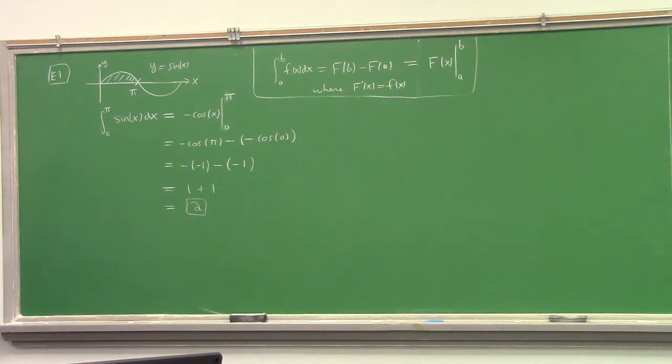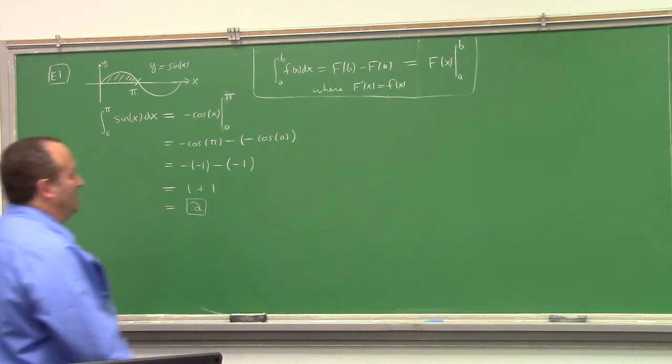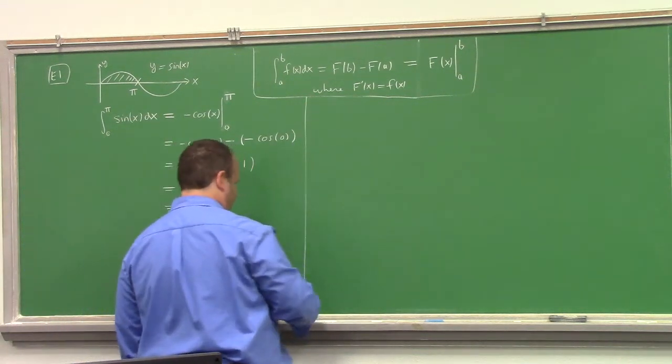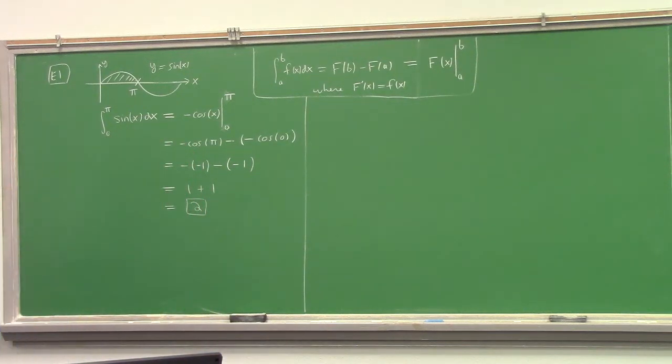Is that hard? This is not hard, right? Well, okay, you mean the knowing cosine of pi is minus 1? Well, you guys do get calculators, you're allowed to bring one. But you really do want to know what cosine of pi and cosine of 0 are off the top of your head anyway.